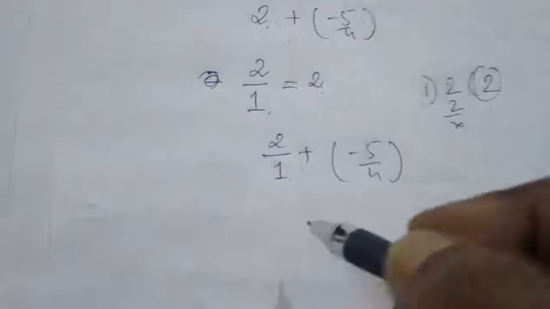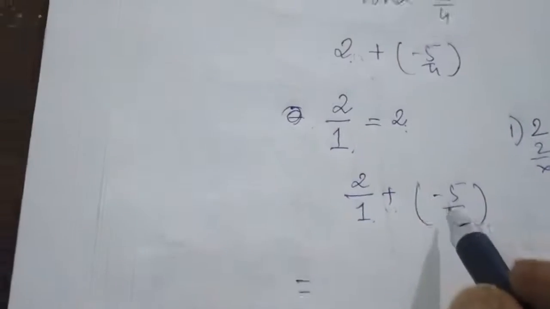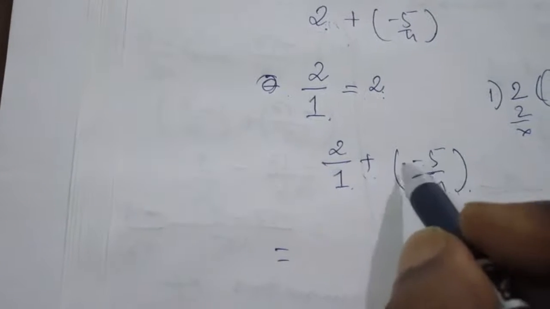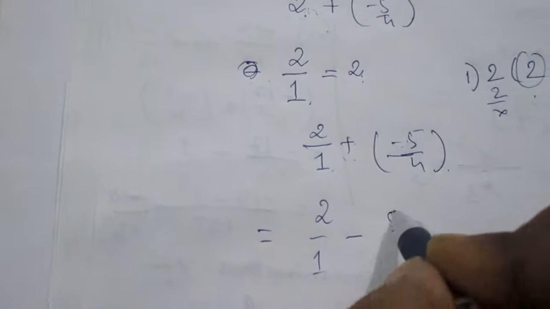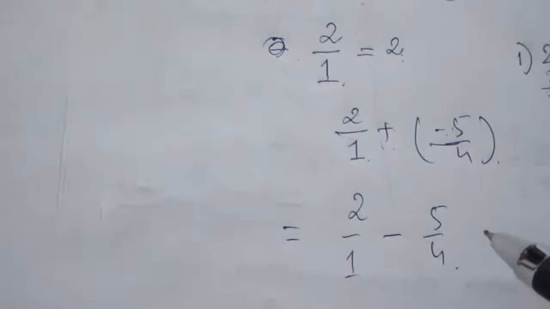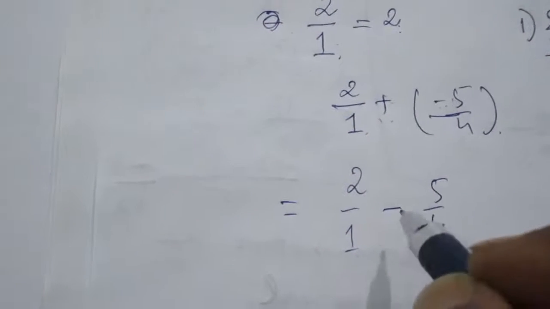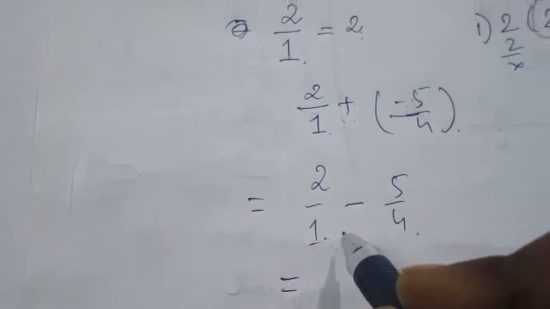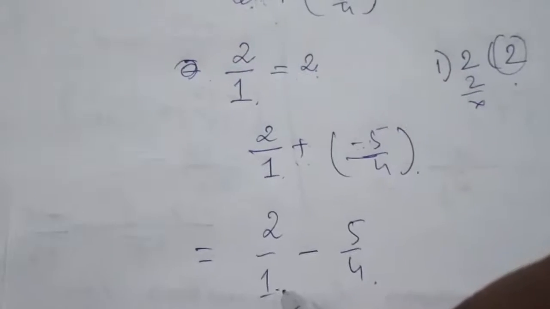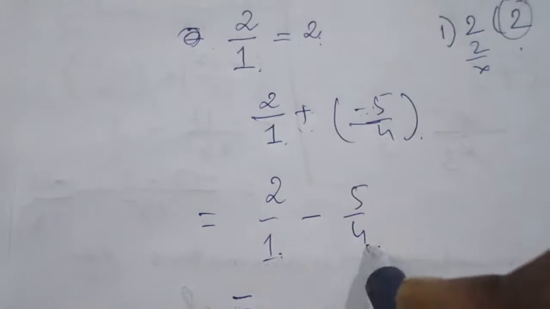So in this case, what happened here? Plus into minus will give me minus, as the numerator is minus. So 2 by 1 minus 5 by 4. Here also it is the same as in the earlier problem: the denominator is 1 and here the denominator is 4.